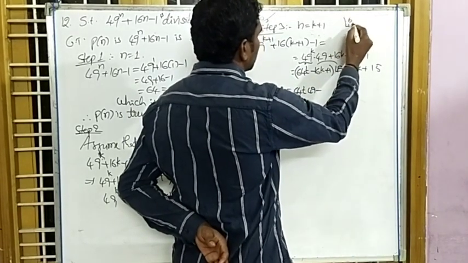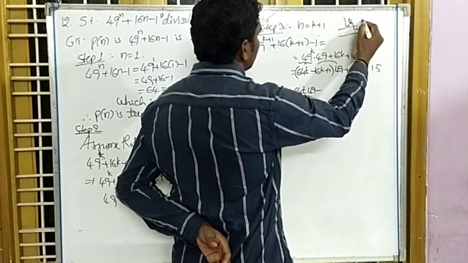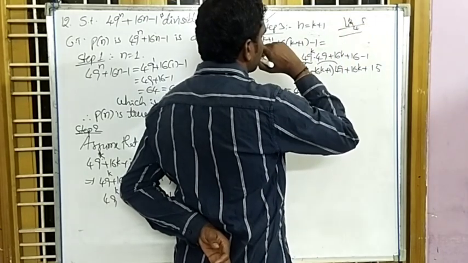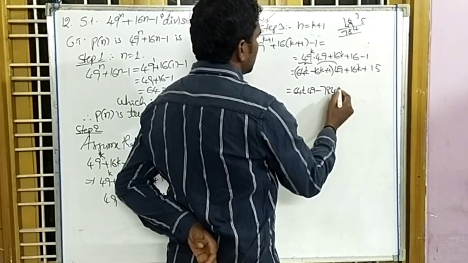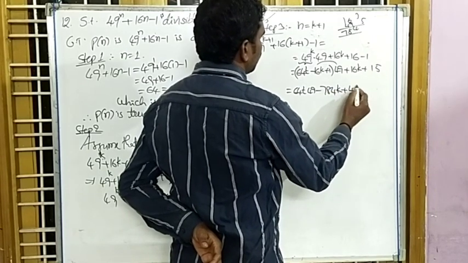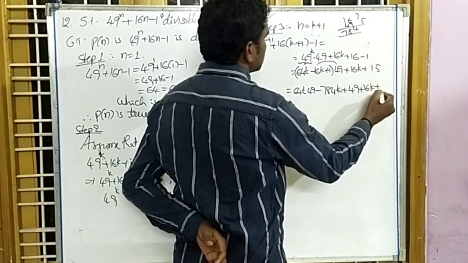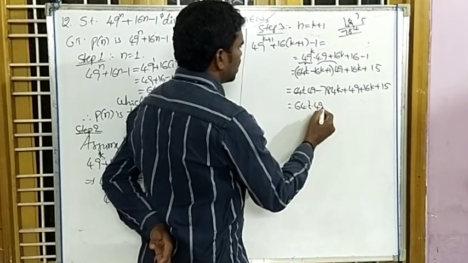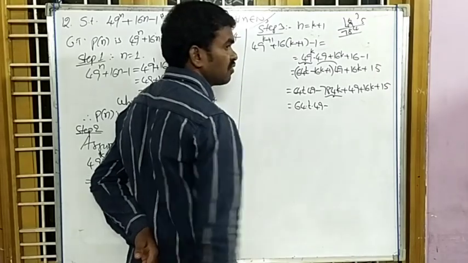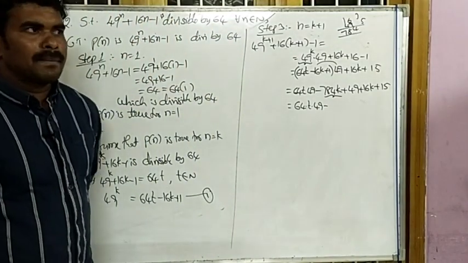16 into 49 is 784. So 784k, plus 49 into 1 is 49, plus 16k plus 15, which equals 64 into t into 49 minus 784k plus 16k.